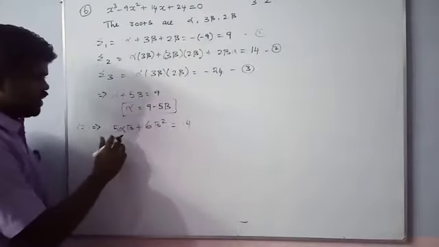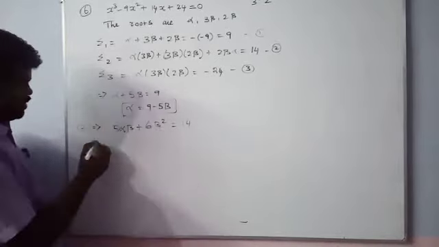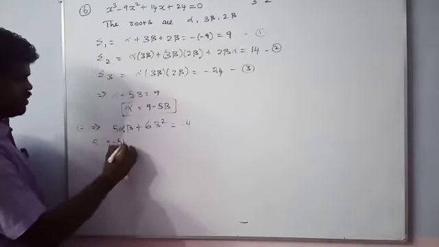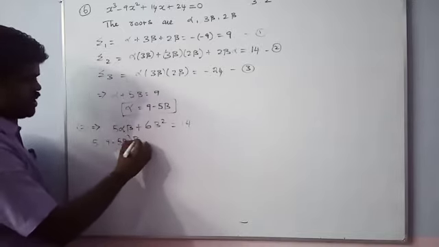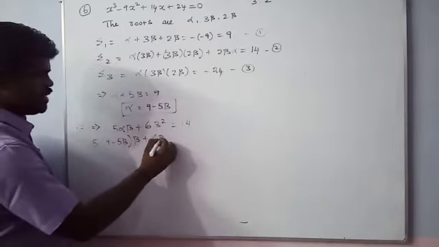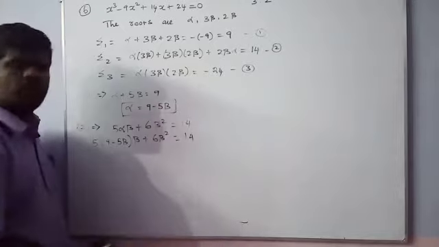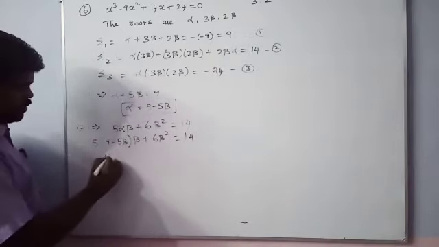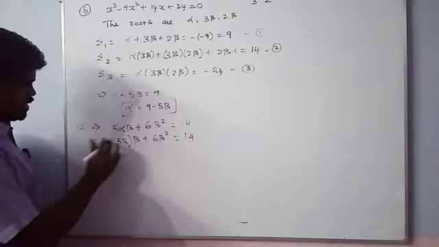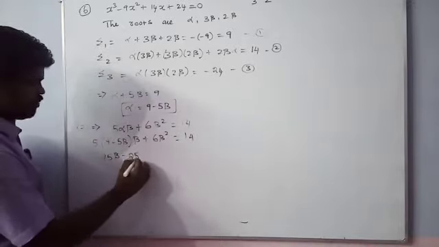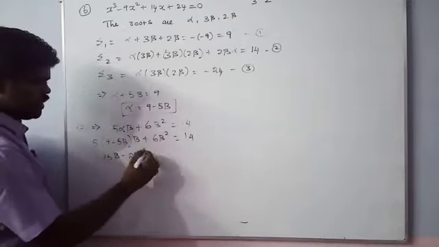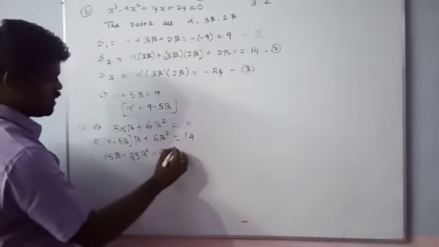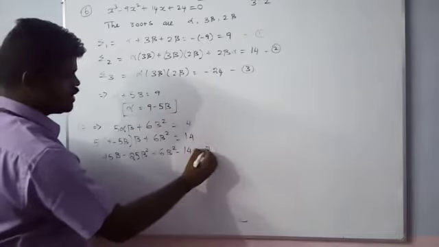Now apply the alpha value to this. So 5 into, what is the alpha value? 9 minus 5 beta, into beta, plus 6 beta square is equal to 14. Now multiply this term: 45 beta minus 25 beta square plus 6 beta square minus 14 equal to 0.